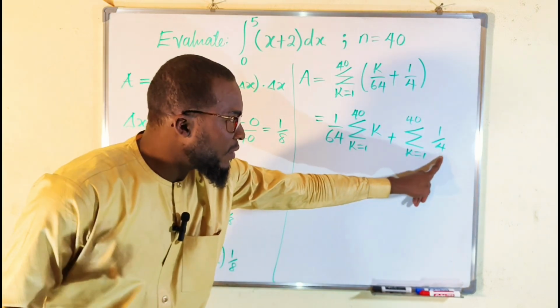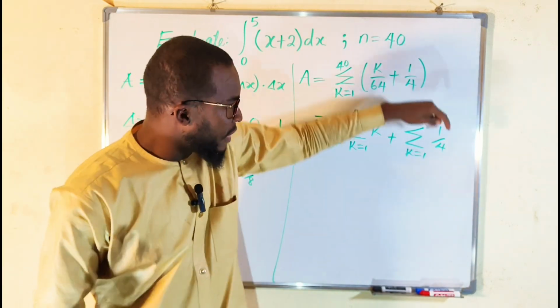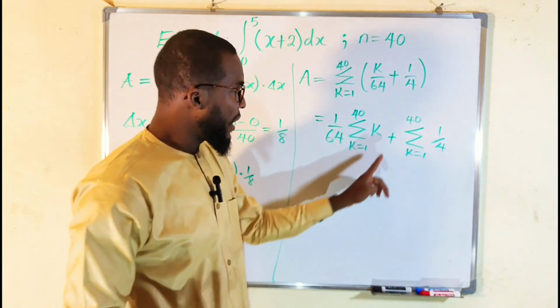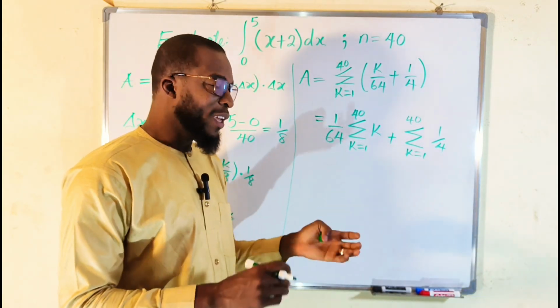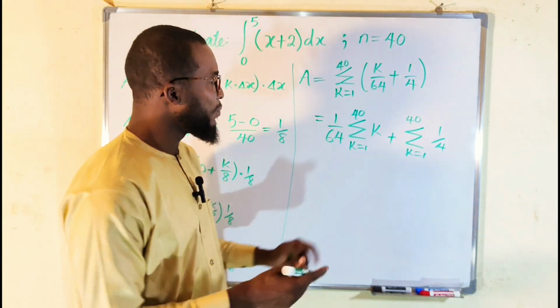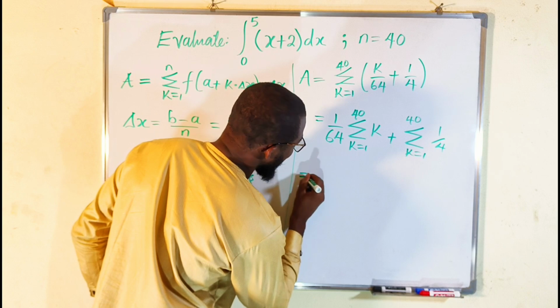If you have a constant, just take the upper limit and multiply by that constant. But if it is a variable, you take n times n plus 1, then divide by 2. We have all of this in our previous lesson.